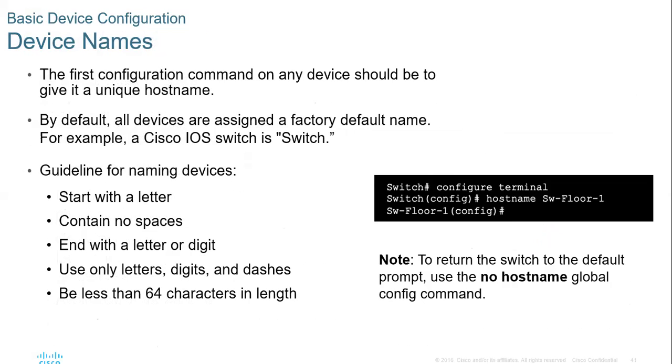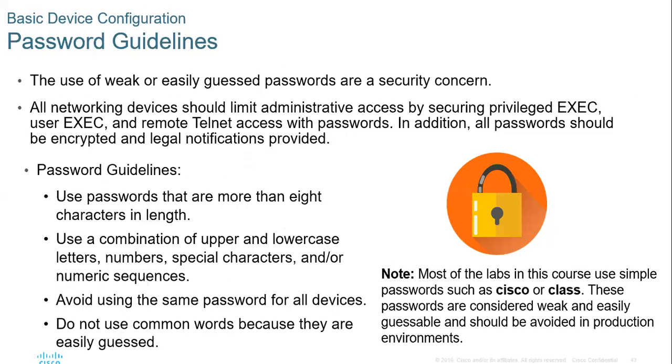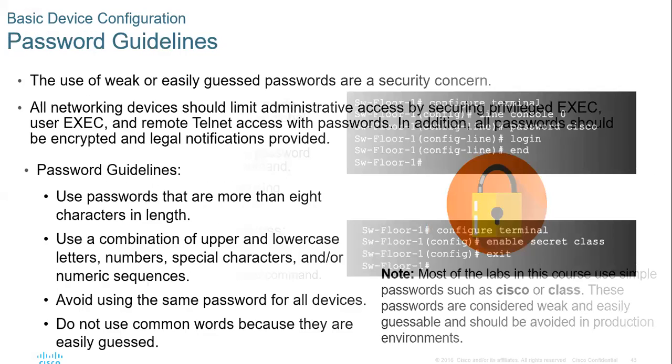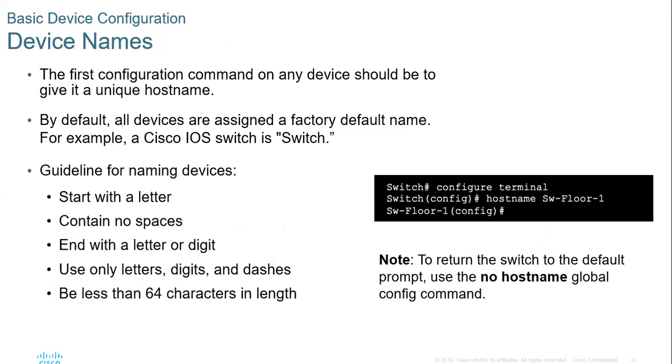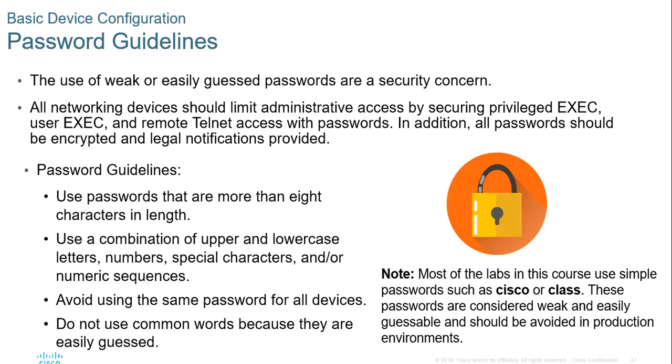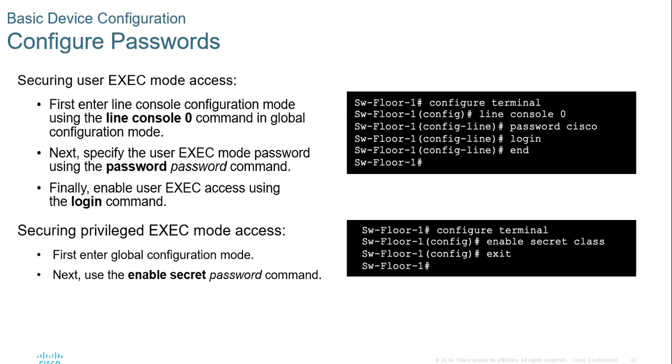Then the third line from here, configure terminal, then configuration will start: line console 0, then password cisco, login, end.